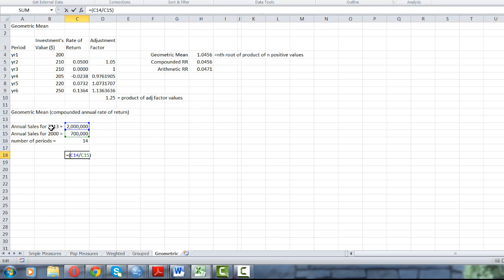If you go from 2000 to 2013, you've got 14 periods here. So 1 divided by 14, and then we want to get it out of the adjustment factor, so we're going to subtract 1. Okay, and there's our compounded rate of return, our annual rate of return.